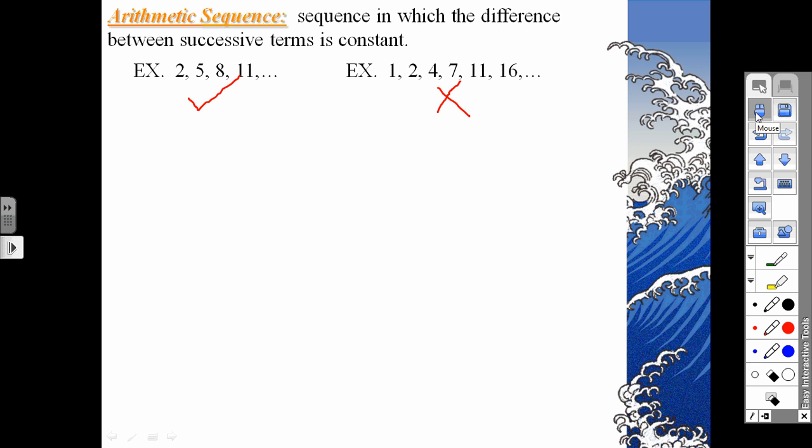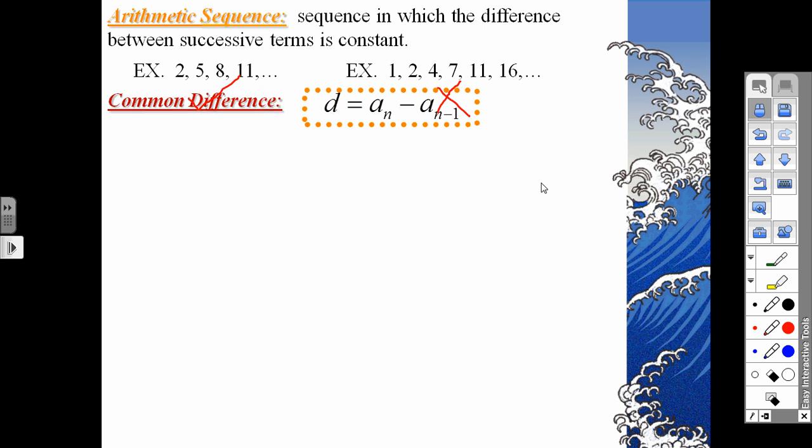Okay, so I had mentioned this common difference thing. The common difference is that number that you either add or subtract. It's the same each time you're adding or subtracting to get to the next term.